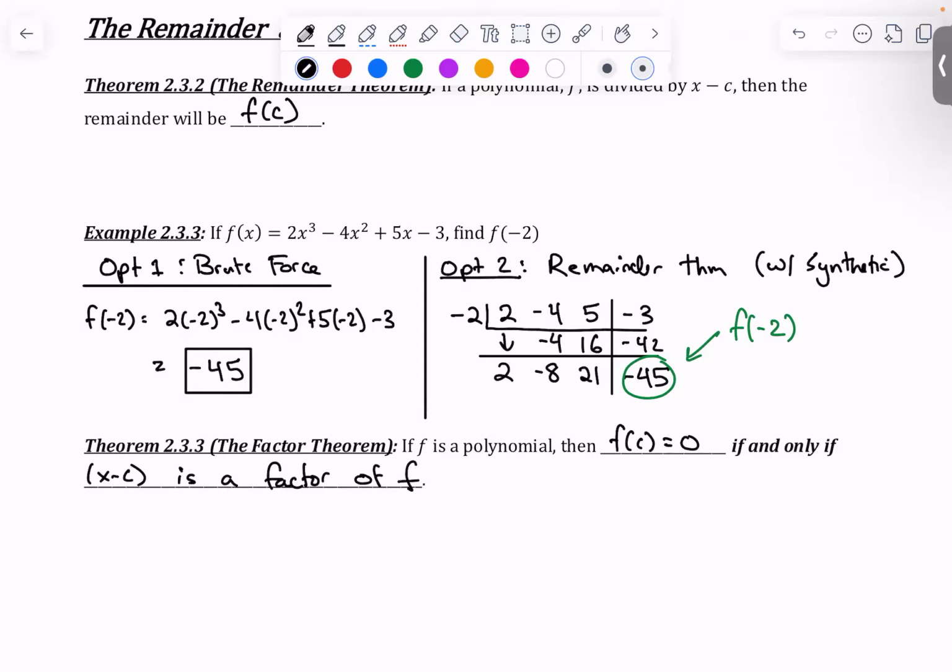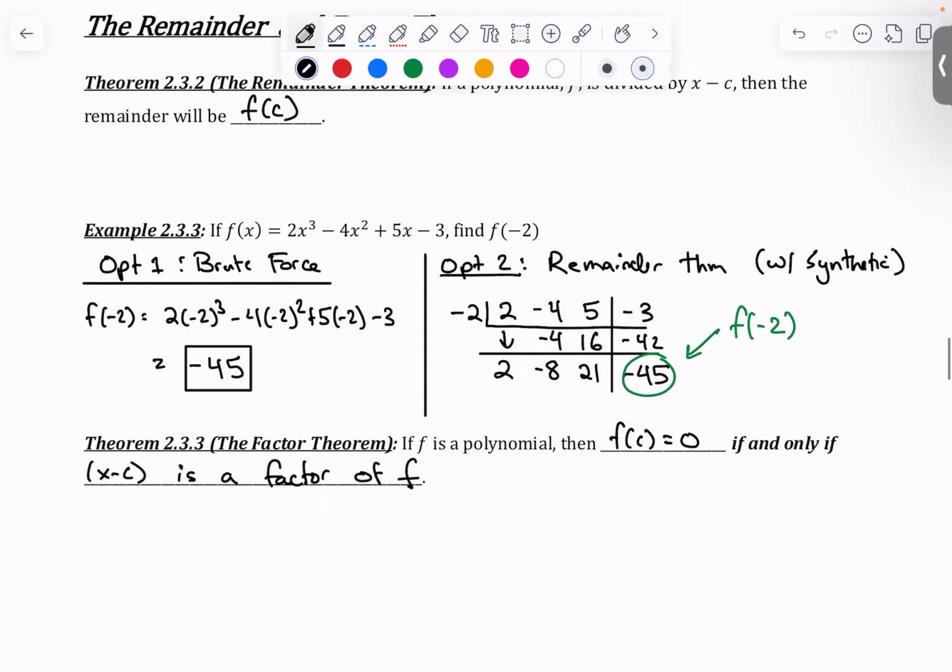The factor theorem says that if f of c is equal to 0, then that automatically means that x minus c is a factor, and vice versa. We already knew the backwards direction. It was kind of immediate that if x minus c is a factor, then f of c is equal to 0.